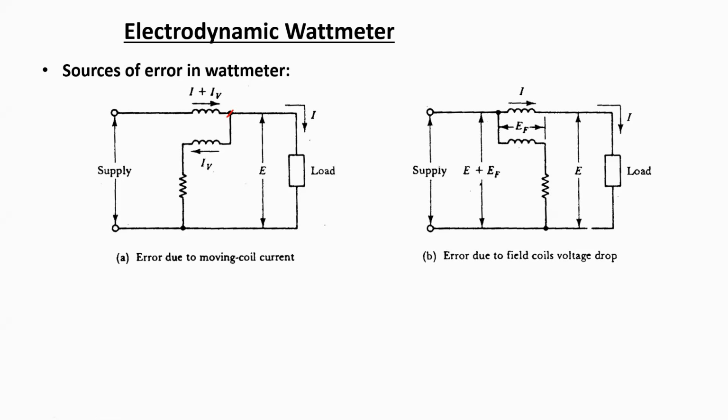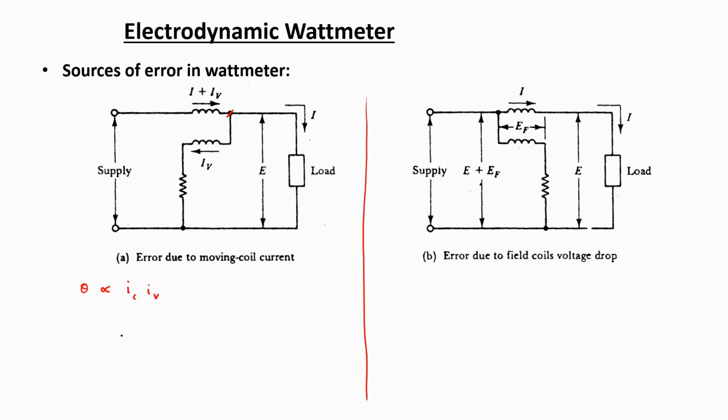For this case, the error will happen due to the moving coil current. So for case A, we can write that the deflection theta is proportional to the product of the currents I C and I V.